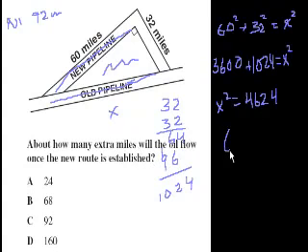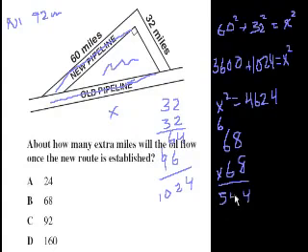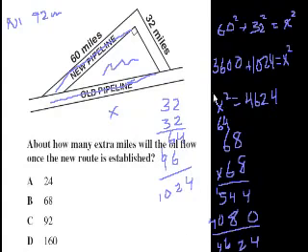Let me try that out. 68 times 68. 8 times 8 is 64. 8 times 6 is 48, plus 6 is 54. 6 times 8, 48. 6 times 6, 36, plus 4 is 40. So 4624. Right, so x is equal to 68.